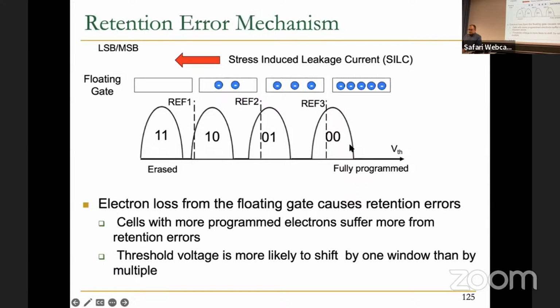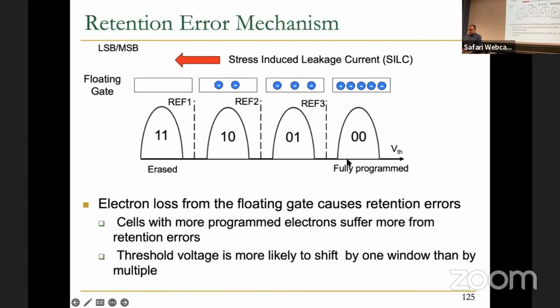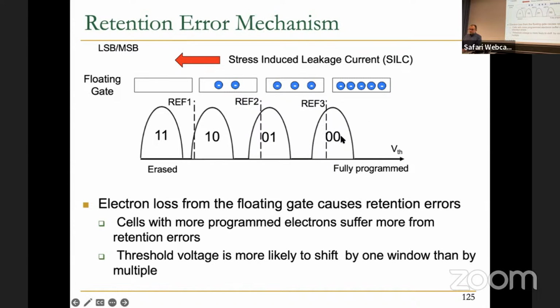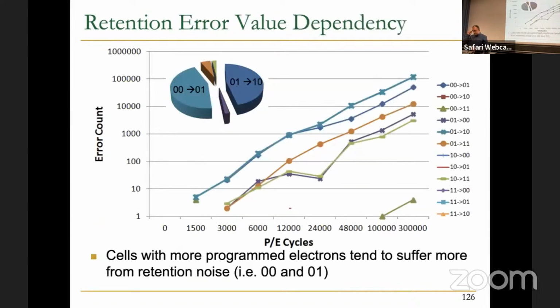Like this state, where we have more electrons because we need a higher threshold voltage, it actually moves a lot more than the others. And it's very unlikely that they move more than 2 windows. Threshold voltage is more likely to shift by 1 window than by multiple. So these are also our observations.